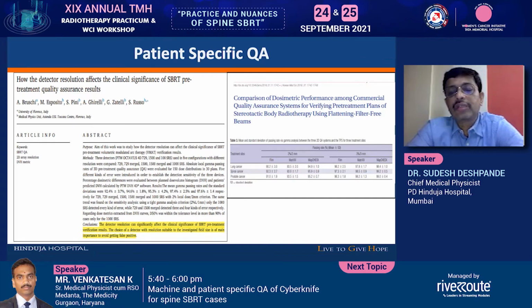They observed that the film had a gamma passing of 90%, but if you use the MatriXX and the MapCHECK, the gamma passing percentage increases from 90 to 93.5 with the MatriXX, and 94.9 with the MapCHECK for the lung. So when we use our conventional array detector, we get a good result, but it may be a false positive result. So we have to be very careful.